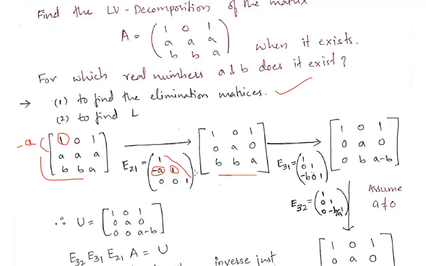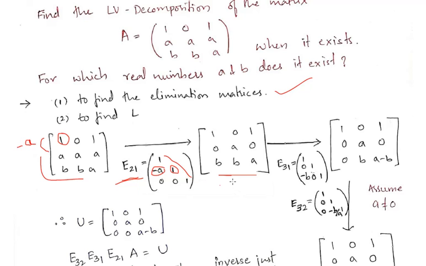So in the identity matrix, we put minus a in this place and write the elimination matrix. It is the elimination matrix of the second row, first element. This is E21.